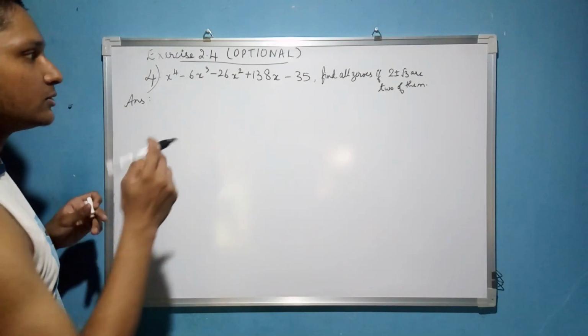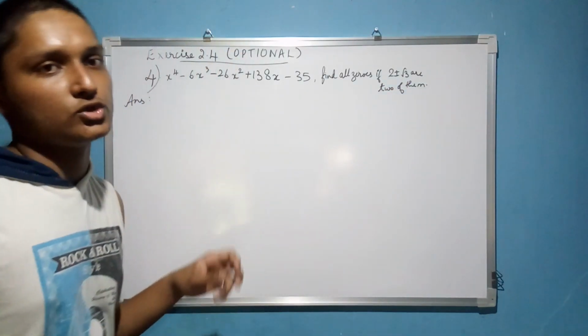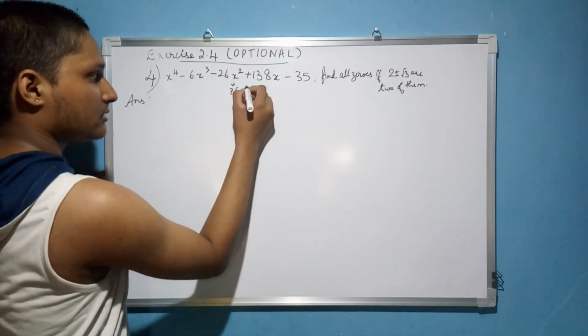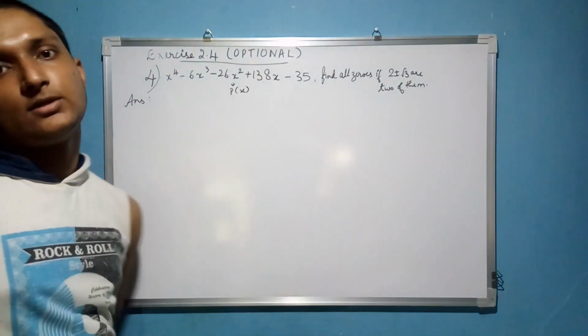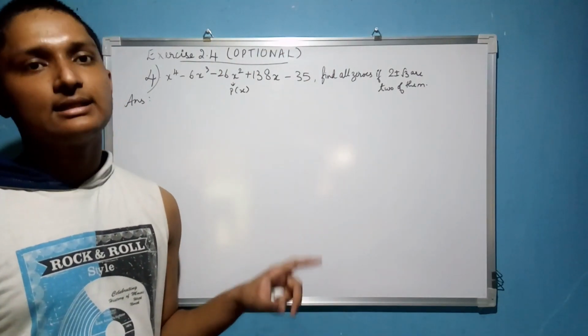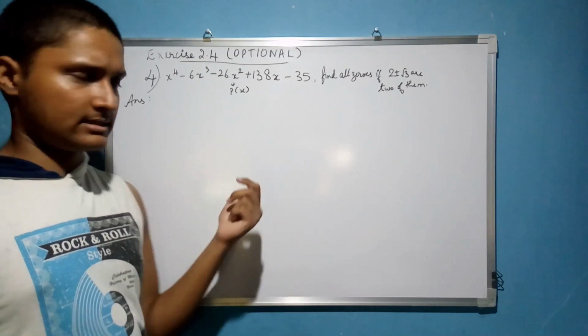Okay. So you are given 2 plus or minus root 3 are the zeros of the given polynomial. Let me name this polynomial to be p of x. So if these two are the zeros, that is, a is a zero of some polynomial p of x, then x minus a is a factor of p of x.